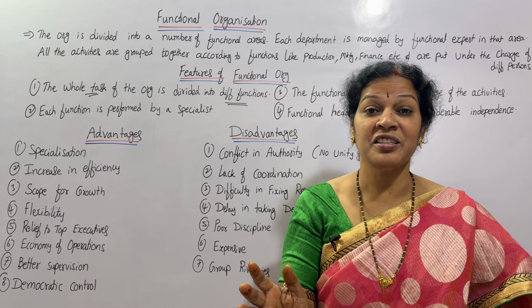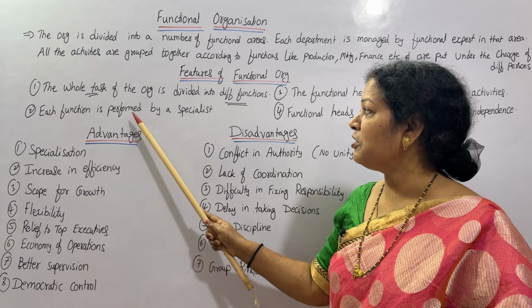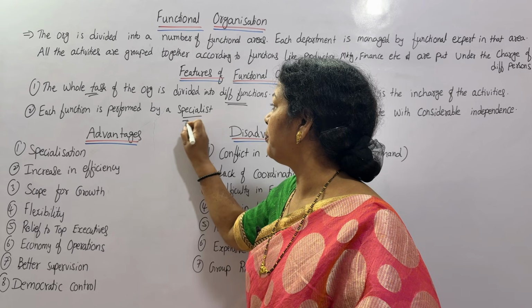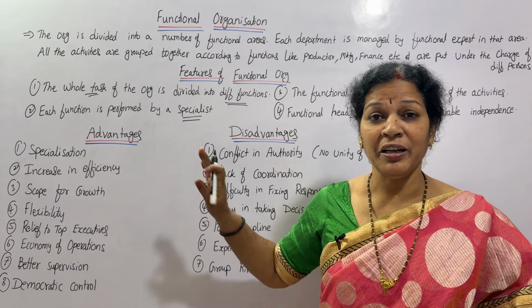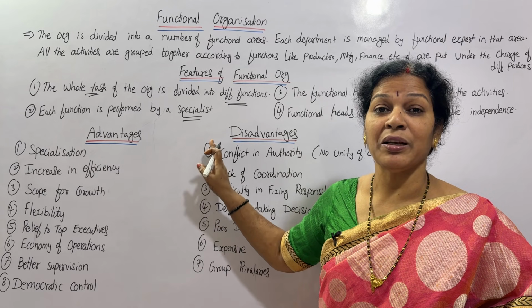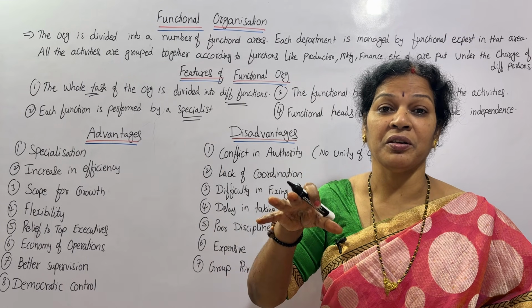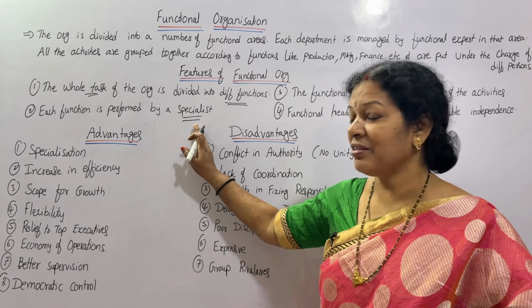Second feature, each function is performed by a specialist. Each department is managed and handled by a specialist who has the authority and the command, who is the head of that function, and who is at the same time given responsibility also.